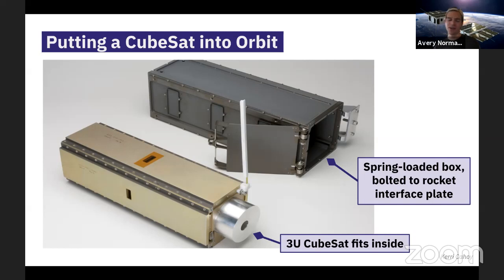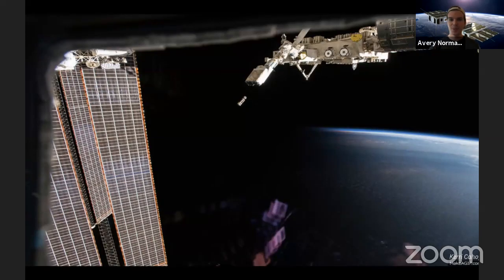So you're going out for a mission, maybe you're replenishing something on the International Space Station, or maybe you're just testing out commercial spaceflight technology. Well, these spring-loaded boxes that hold CubeSatellites are bolted in place to virtually any corner of the rocket that you can find. Once you're in orbit, you can then transfer the CubeSat to a launcher.